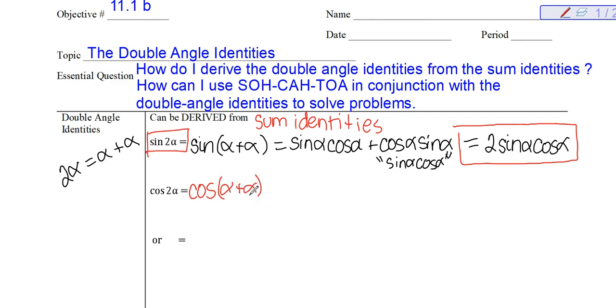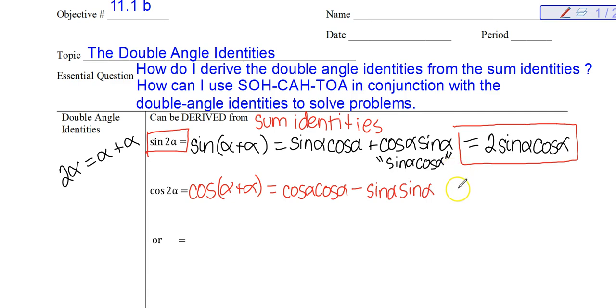And I know something about the formula for the cosine of a sum of 2 angles. And that looks like this. The cosine of the first angle times the cosine of the second angle minus the sine of the first angle, sine of the second angle.